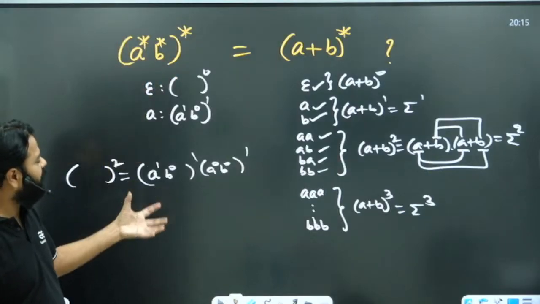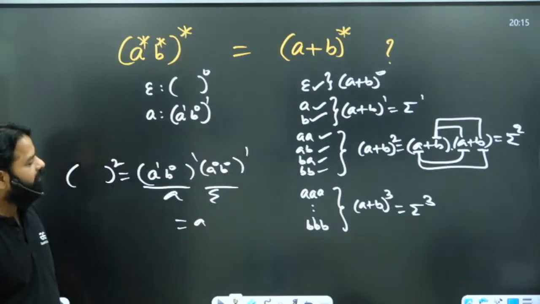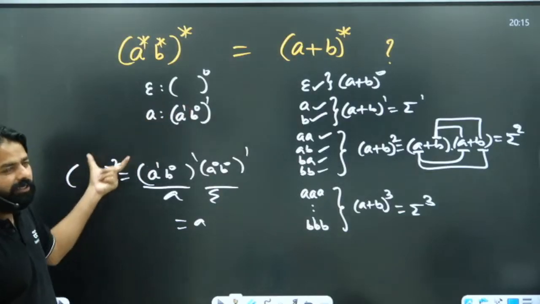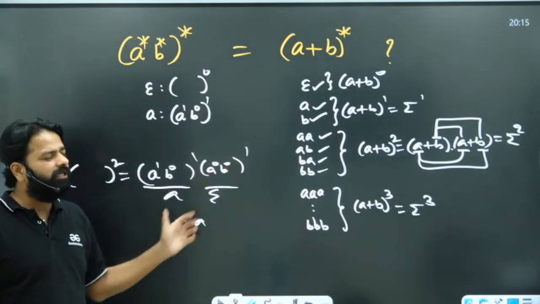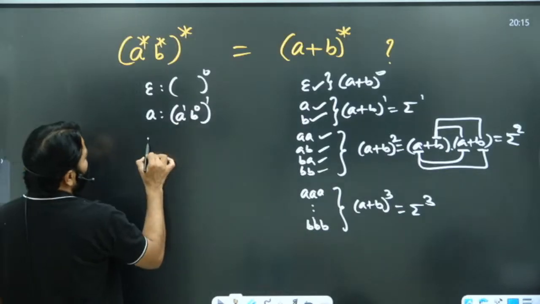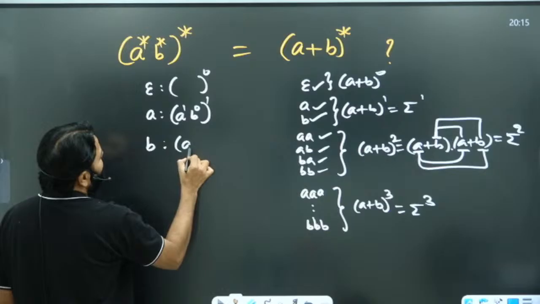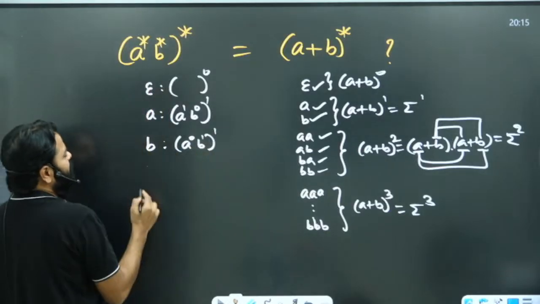You need to understand how to get a. That is very important. Okay. Not only in power 1, but in power 2, power 3, power 4, one of the powers should generate a and the remaining also generate epsilon. I'm just giving one way. B is also possible by saying a power 0, b power 1. In a power 1, b power 0 only epsilon is there.